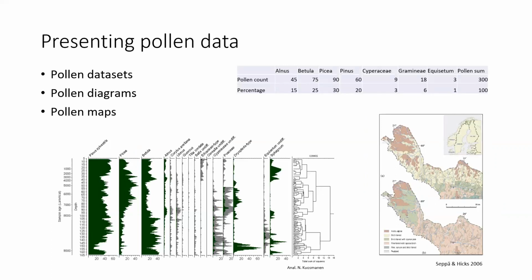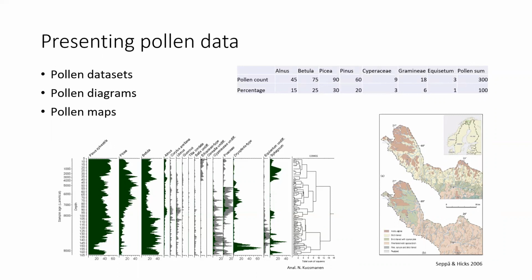So, presenting pollen data: we can present the data in different kinds of data sets. Basically just as numerical data sets, or most commonly, pollen has been presented in stratigraphical pollen diagrams, where the pollen data is projected through time or depth, but usually through time.